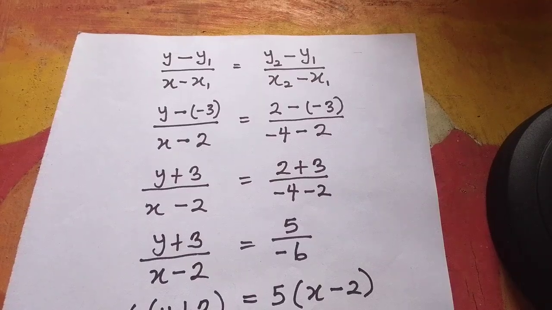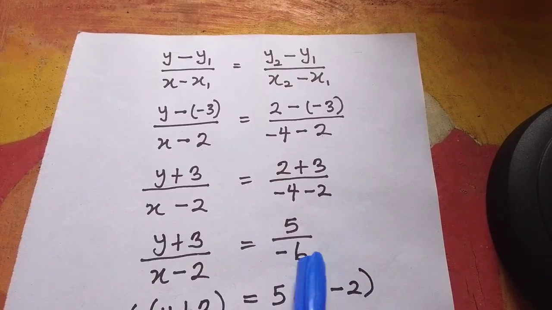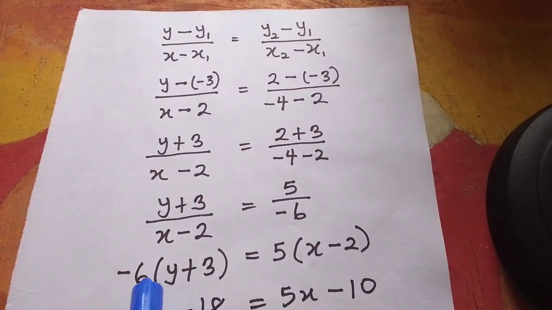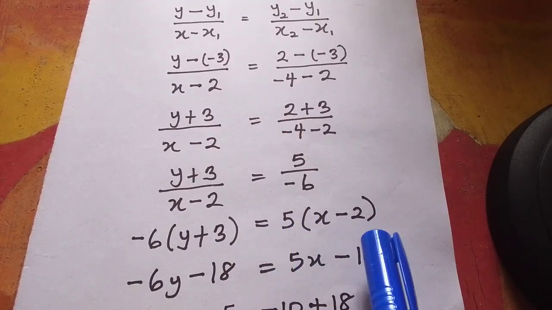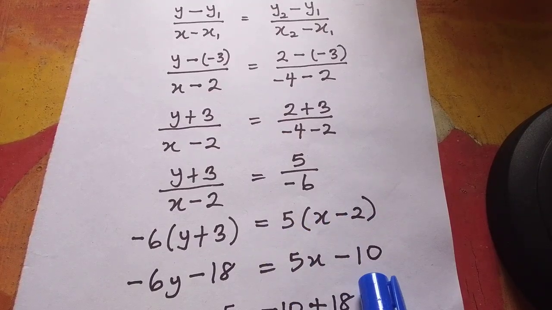So from here, you are going to cross multiply. When you cross multiply, minus 6 into bracket (y plus 3) is equal to 5 into bracket (x minus 2). So when you open the bracket, minus 6 times y is minus 6y. Minus 6 times plus 3 is minus 18, equals 5 times x is 5x, minus 5 times 2 is 10.